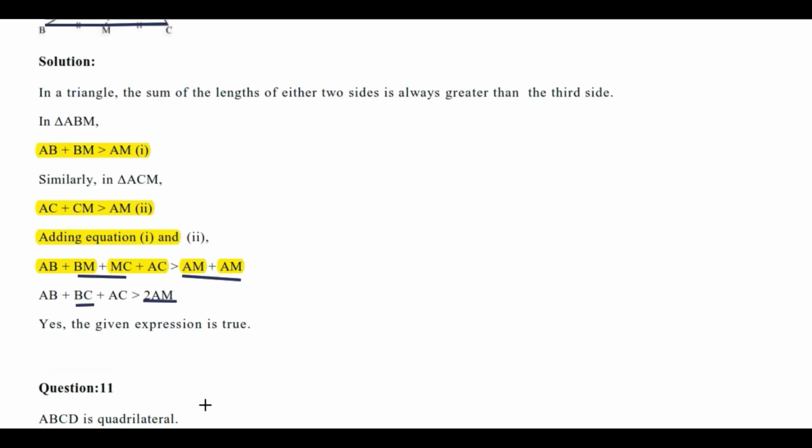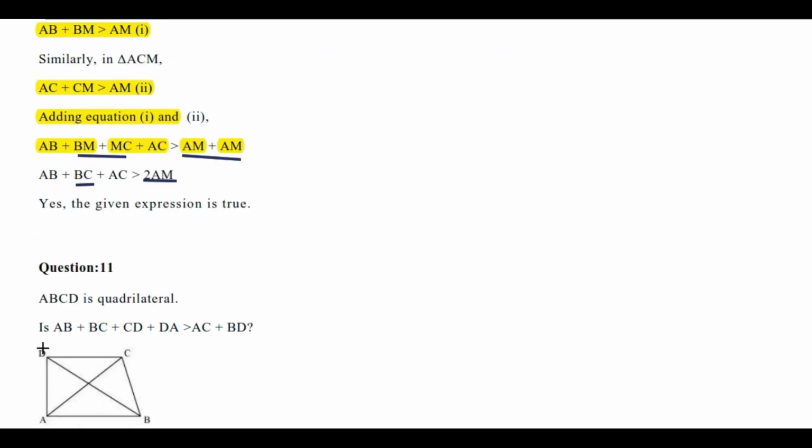Question number 11. ABCD is a quadrilateral. We have to show that AB plus BC plus CD plus DA is greater than AC plus BD. This is AB, this is BC, this is CD, and this is DA.